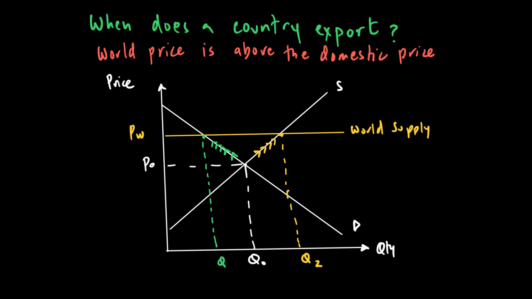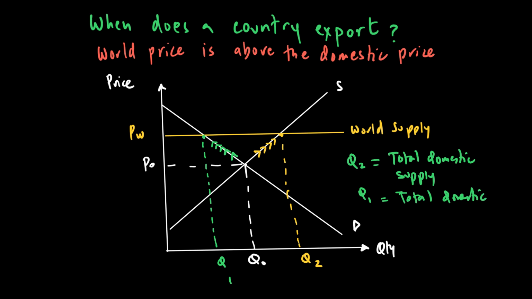So what happens is that Q2 becomes my total domestic supply, while Q1 becomes my total domestic demand.